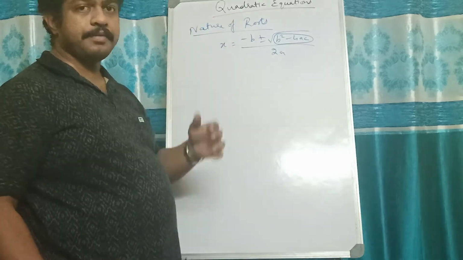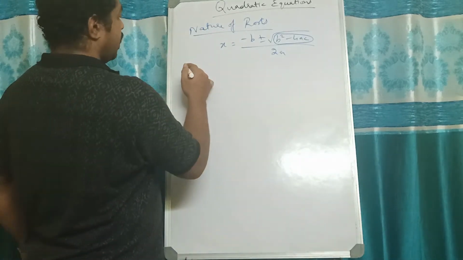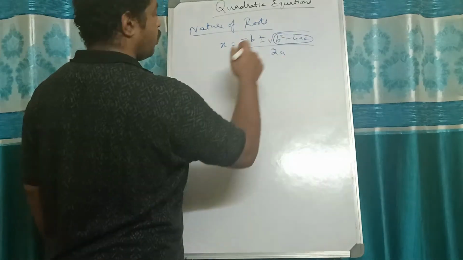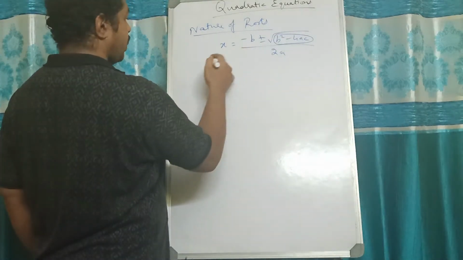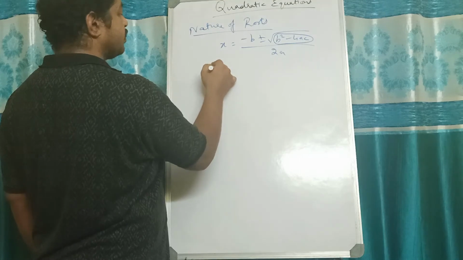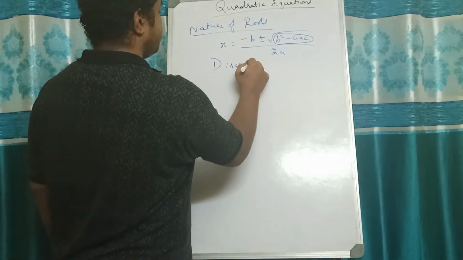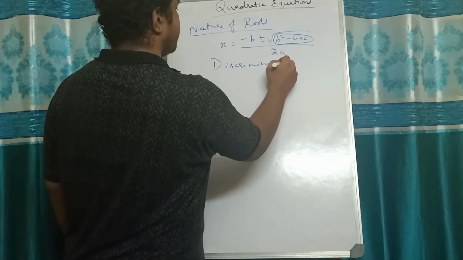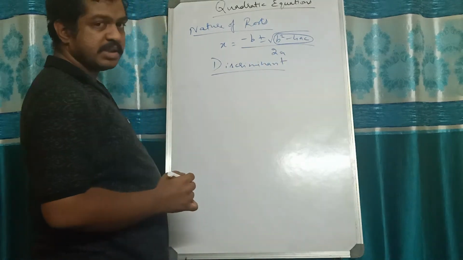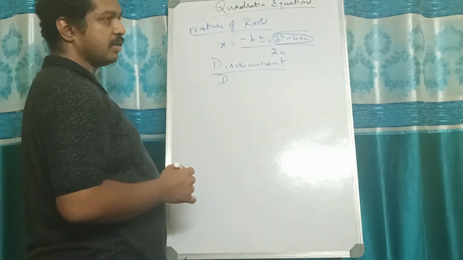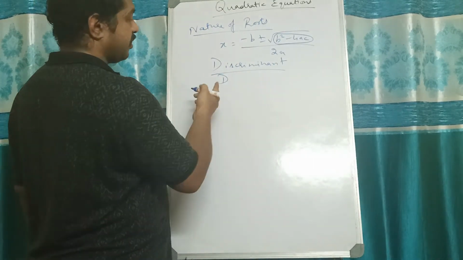That is what nature of roots means. This value, in some books they use the letter D, is called the discriminant. The value of b square minus 4ac is called the discriminant. In some books they use the letter D.